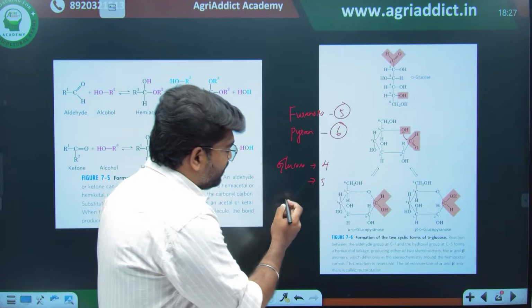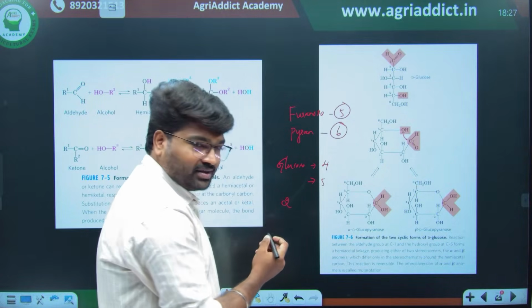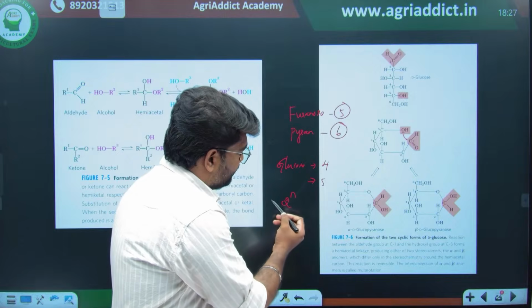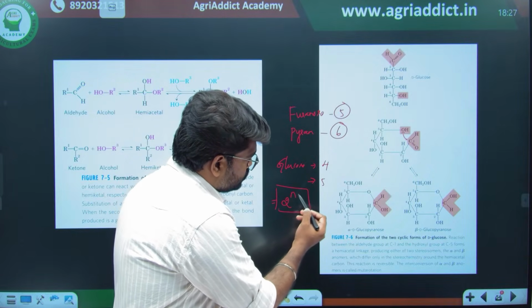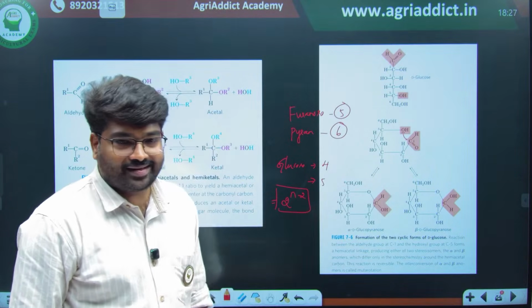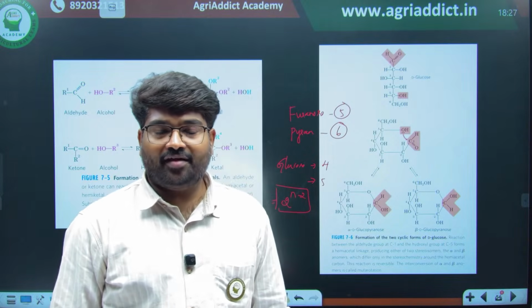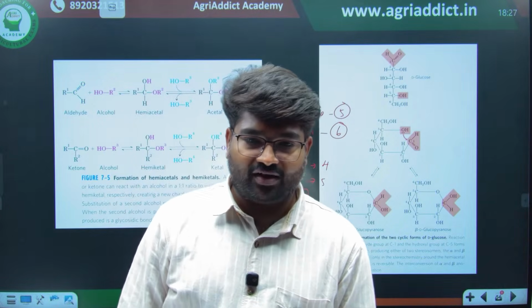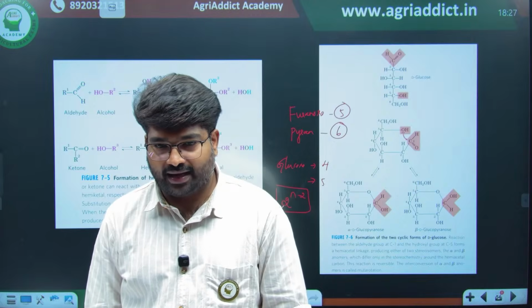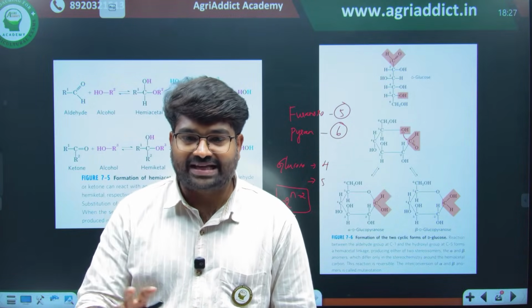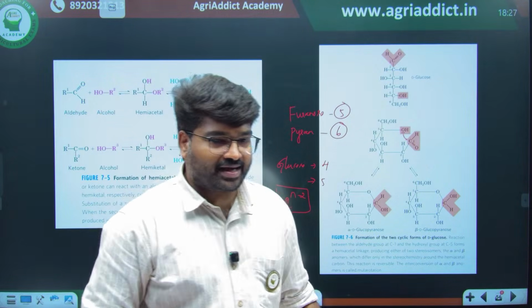So, the formula for determining the number of stereoisomers is 2 power n. This is another thing you have to remember. Here we have seen what furanose and pyranose are, and how the cyclic structures are formed.